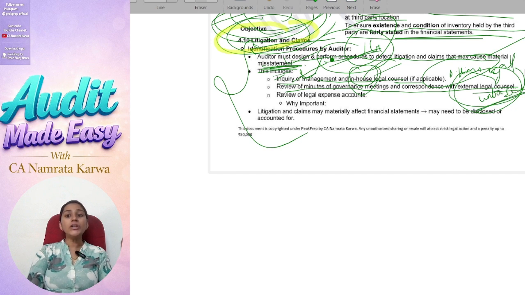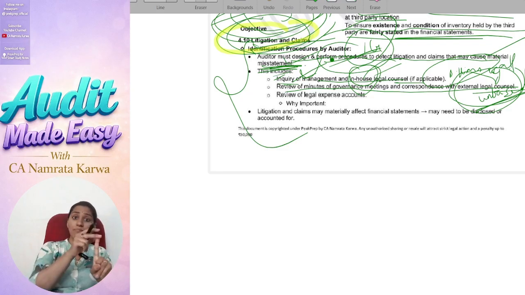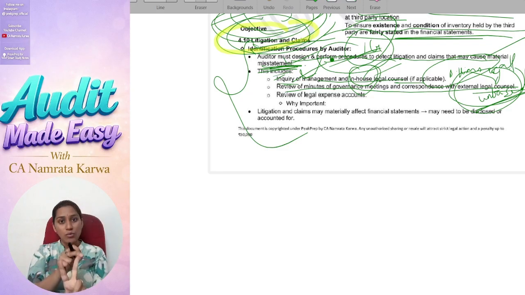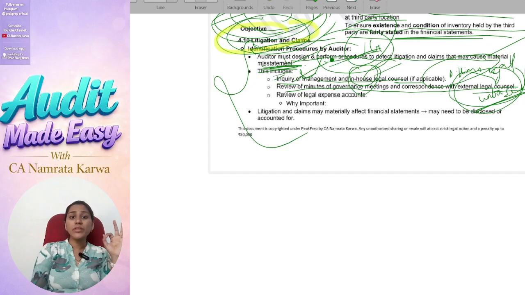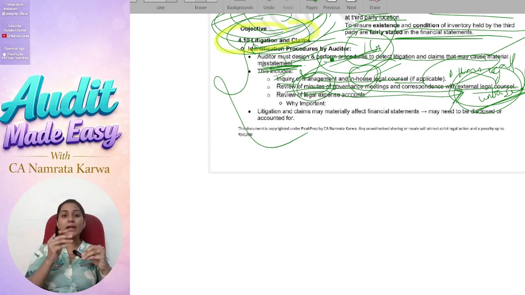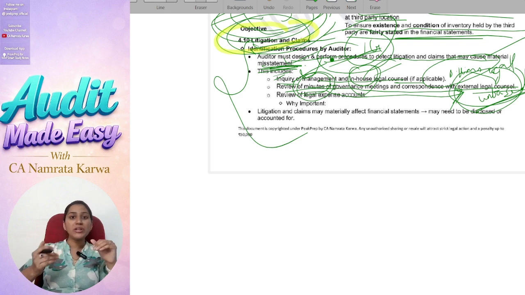So the auditor needs to make sure that he will inquire with the management, with in-house legal counsel, and with the external legal counsel as well. He will be reviewing the minutes, and in the minutes he will get to know whether there is any external legal counsel, of what kind, and in what way he needs to communicate with the external legal counsel. All the procedures, directions and processes will be given in the meetings.